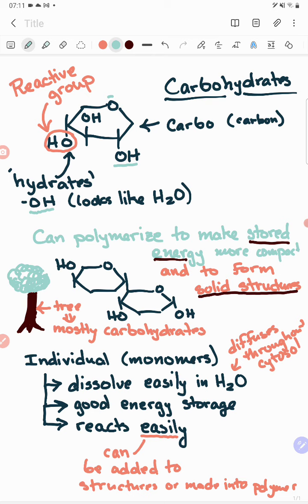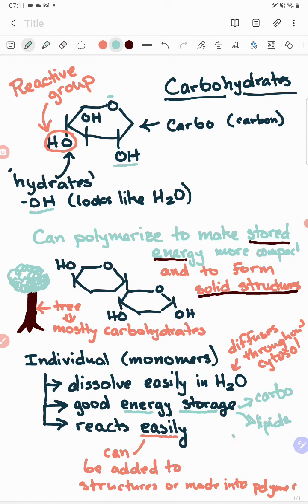It's pretty good energy storage. It's not as good as other energy stores that the cell has. There's really two types of energy storage that the cell carries. One is carbohydrates. The other one is lipids. Lipids are the better energy store because lipids don't attract water.